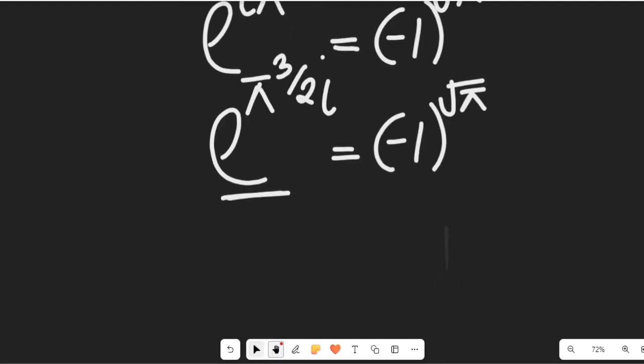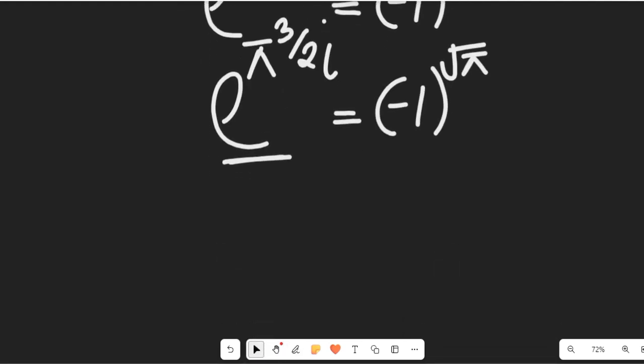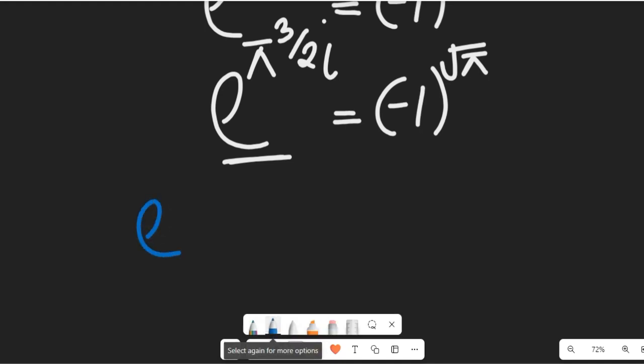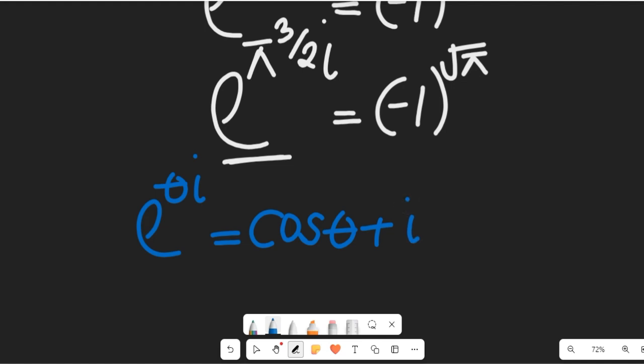We're still going to remember the Euler's identity. From the Euler identity, you'll find out that if I have the exponent of theta i, right, this can be equal to the cos of theta plus i multiplied by the sine of theta, right?